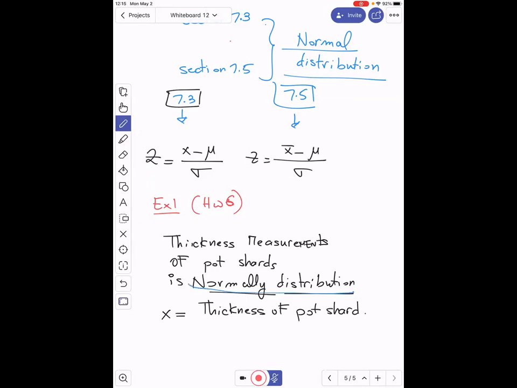Whenever you see a normal distribution, we are talking about variable x, which is normally distributed.